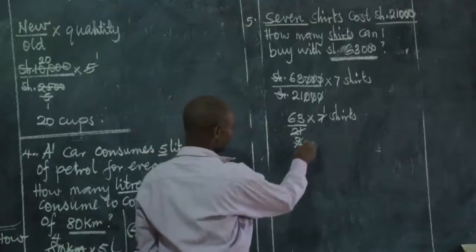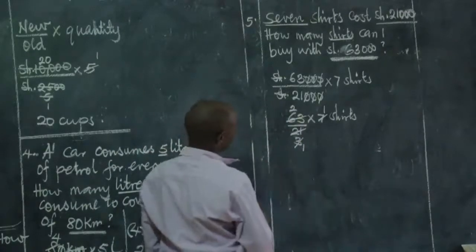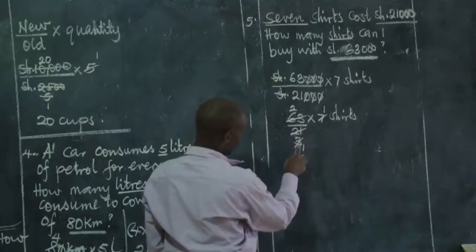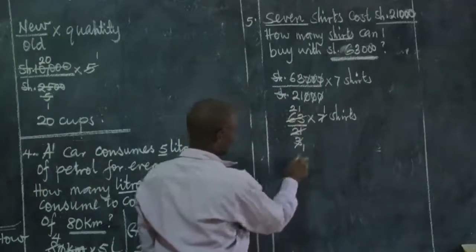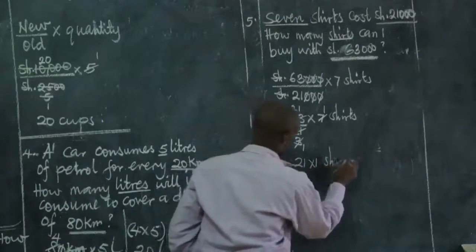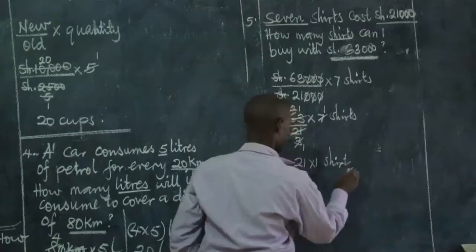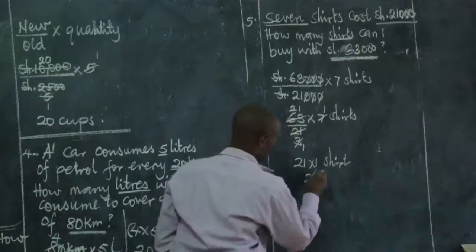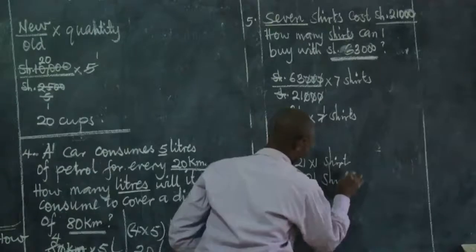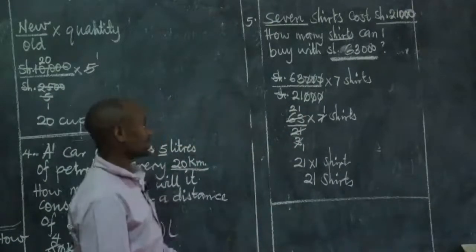Divide by 3, 1. 6 divided by 3, we get 2. And 3 divided by 3, we get 1. So we shall have 21 times 1 shot, which is going to give you 21 shots. You see? 21 shots.